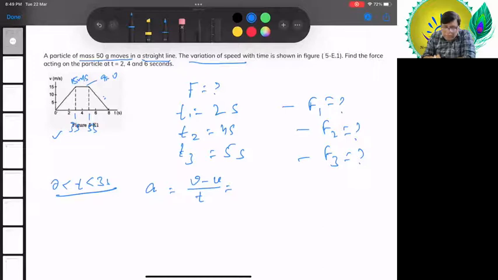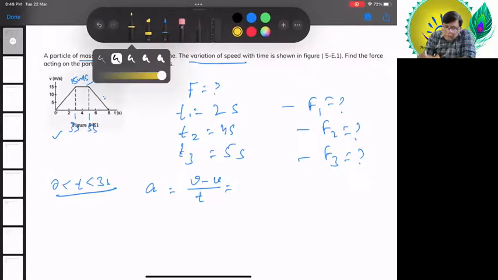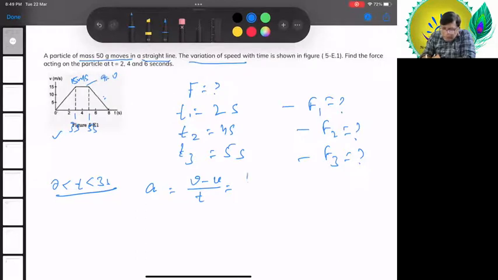This formula is applicable for this range 0 to 3 seconds, otherwise we have to write average. So this will give 15 meter per second minus 0 upon 3, that is 5 meter per second square.